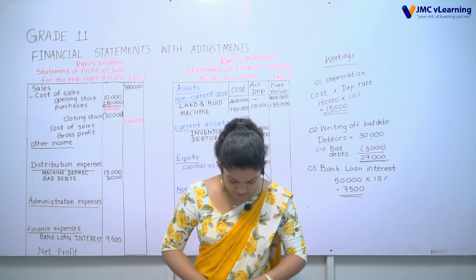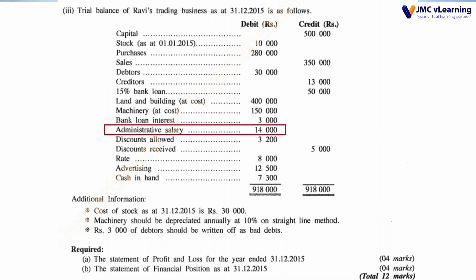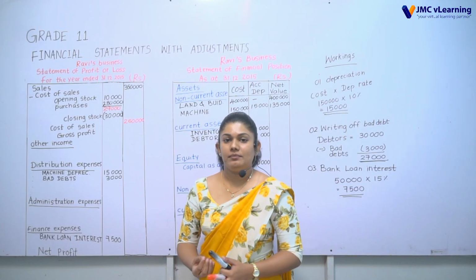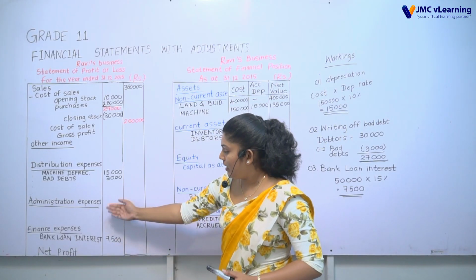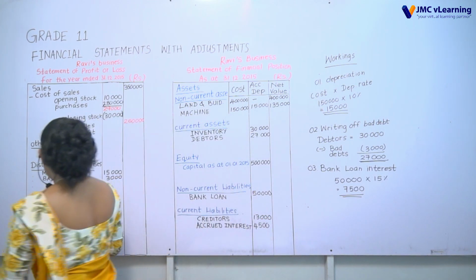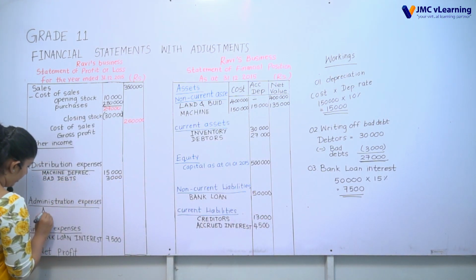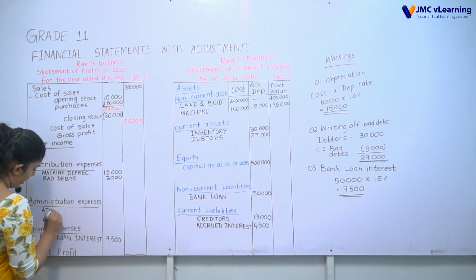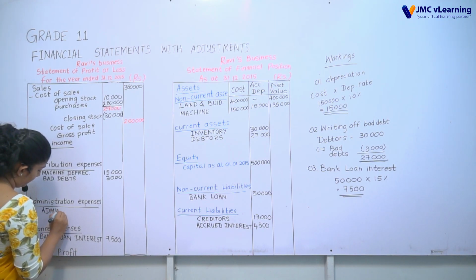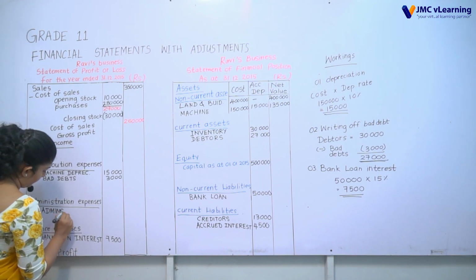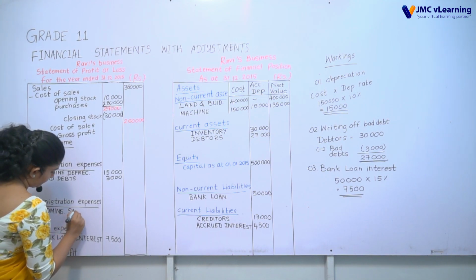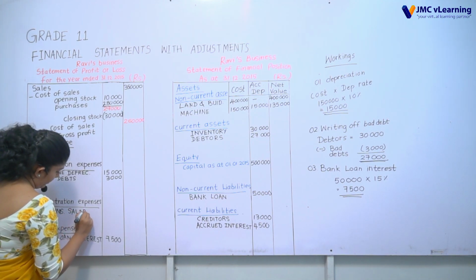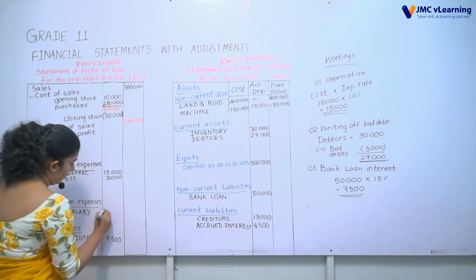Now, next, administration salary 14,000. They have clearly mentioned administration expenses. Therefore, administrative salary 14,000.